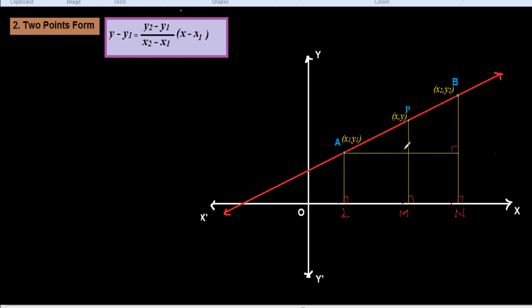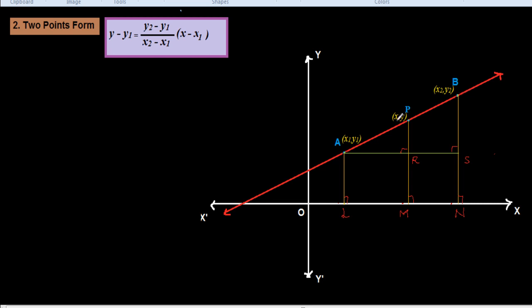I give names to these points also: this one is R and this one is S. So we see there are different triangles formed here. One is triangle BAS, and another I am taking is triangle PAR.